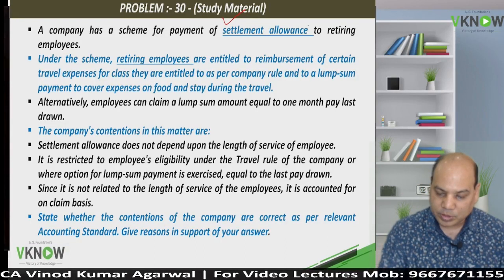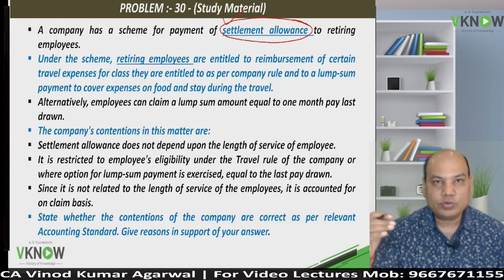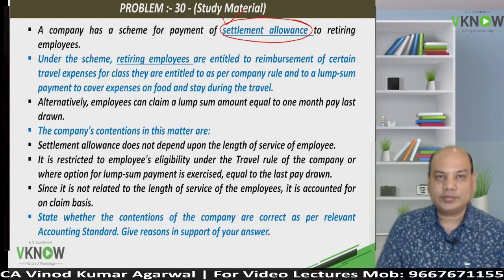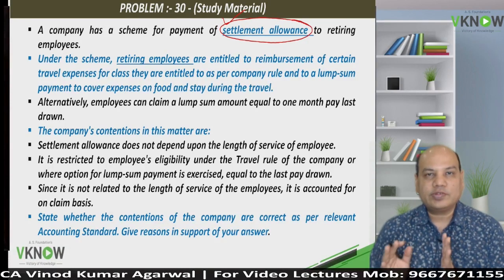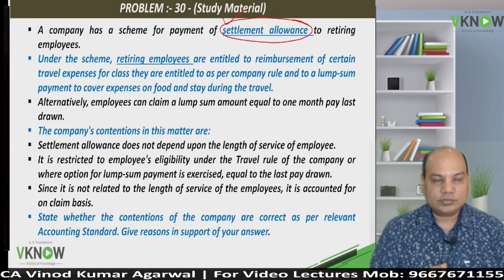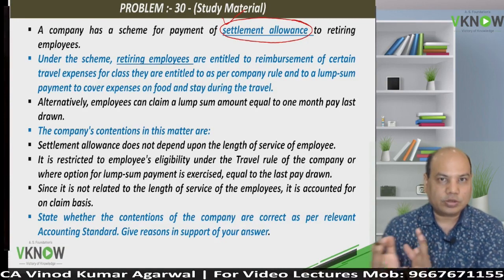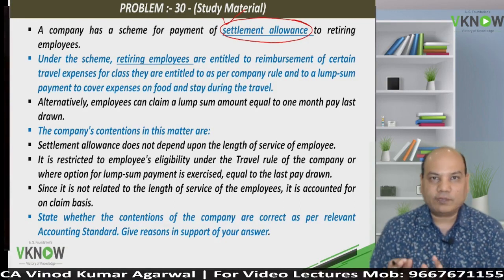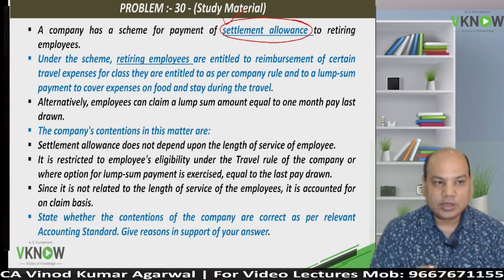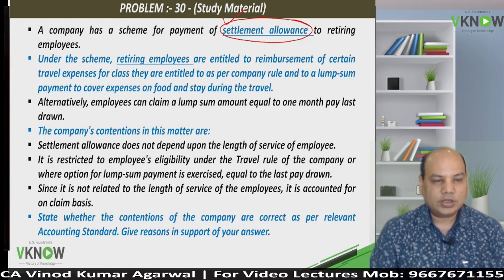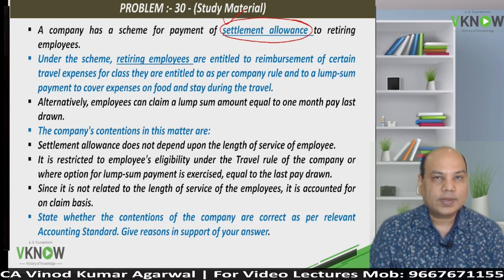So this company pays settlement allowance when the employee will move to another city on retirement. There are some allowances paid for that. Okay, because it may be very expensive to move from one location to other. The employee must have worked for several years at a very distant location, right?